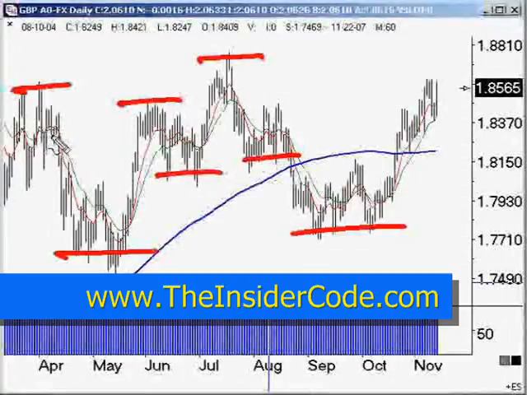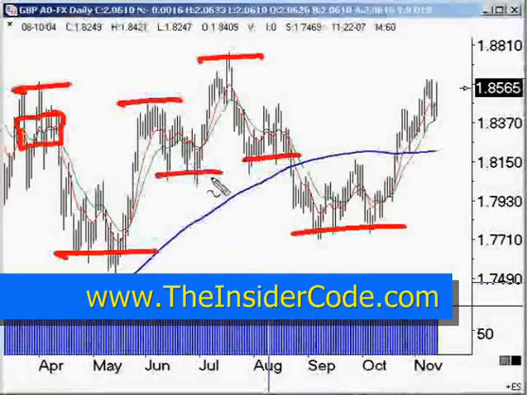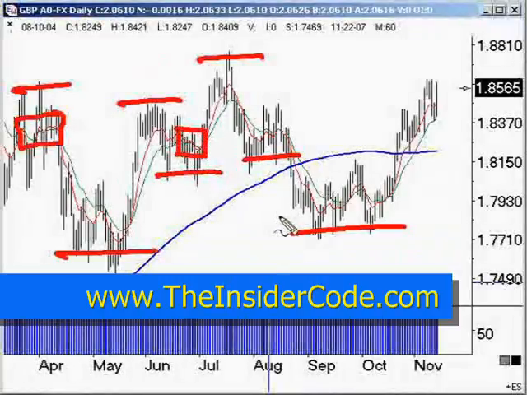What you can notice as well is, except for this first area here, the moving averages didn't weave all that much until you get to the area right before the big break.